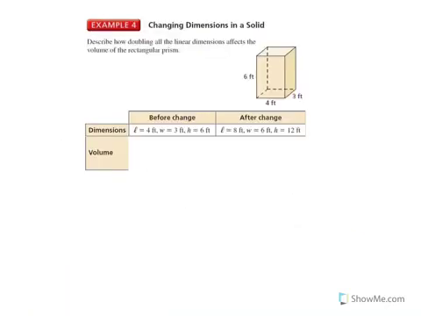Okay, let's do changing dimensions of a solid. We then want to describe how doubling all the linear dimensions affects the volume of this rectangular prism. We have our dimensions over here, and we just found the height. The volume is area of the base times height, and since it is a rectangular prism, that is the same as saying length times width times the height.